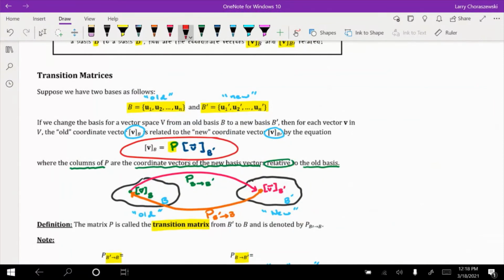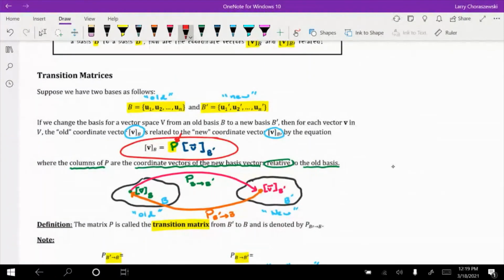What this says right here is that we can get the coordinate vectors relative to a basis B by multiplying the coordinate vectors of v relative to B prime by P. Although this isn't what we're necessarily calculating in that part of the example, it's saying that if we want to convert from one basis to the next, then multiplication by a transition matrix is what you can do.